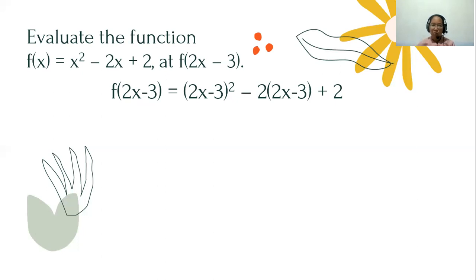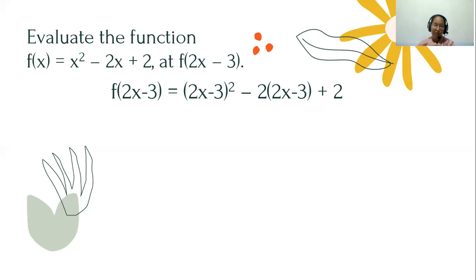Then, multiply the exponent 2 outside to your first and second terms. So 2 times 2x is 4x, times negative 3 is negative 12x. And that will be your second term of the expression. And the last step is to take the square of the last term of the binomial, which is negative 3. So negative 3 times negative 3 is positive 9.